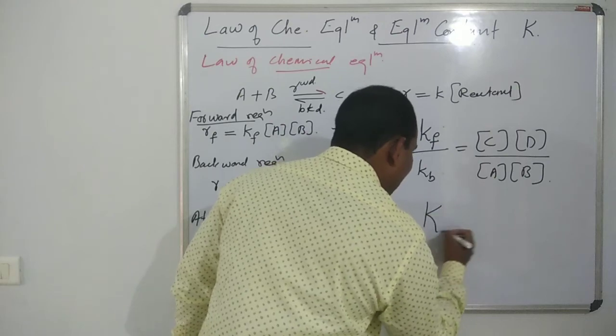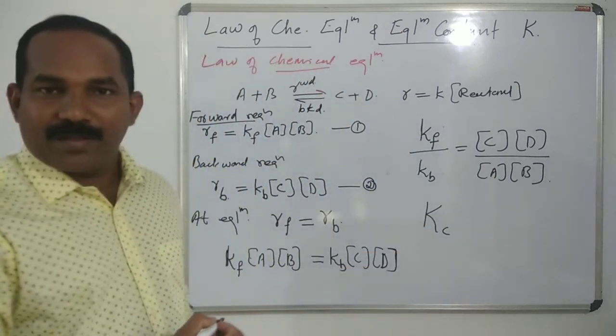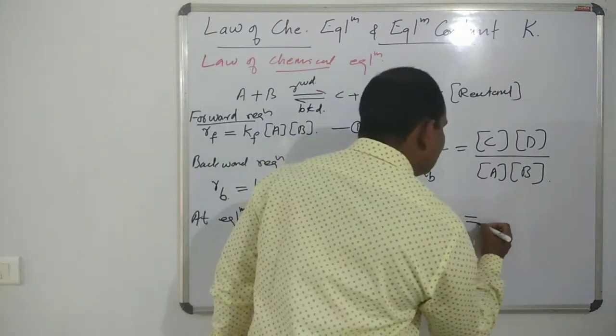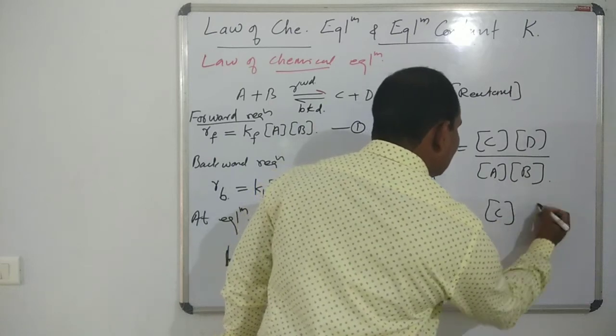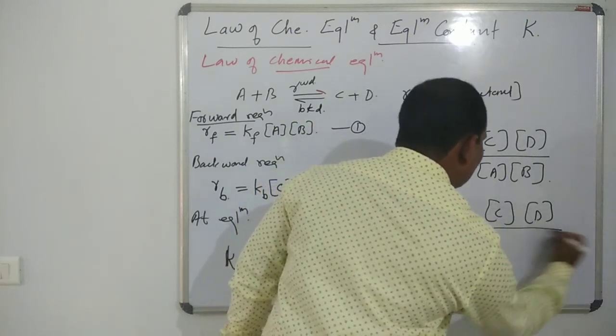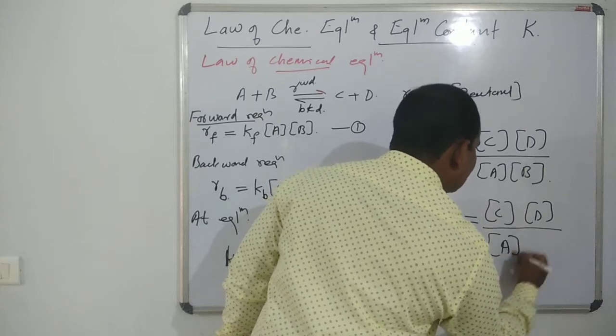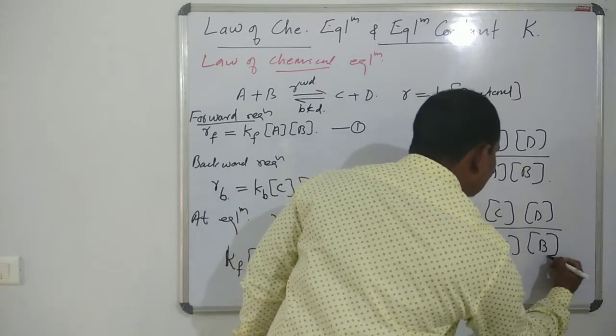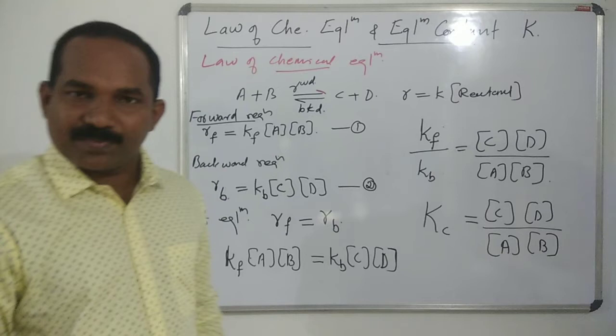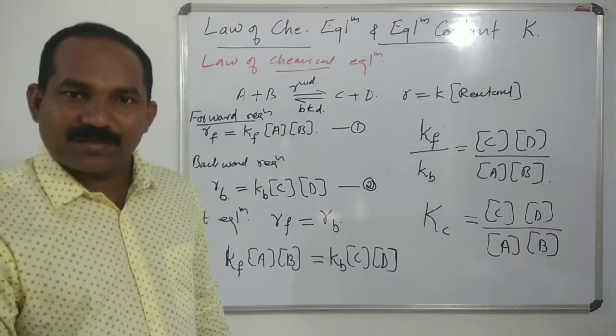So that is Kc, equal to concentration of C into concentration of D divided by concentration of A into concentration of B. Are you clear?